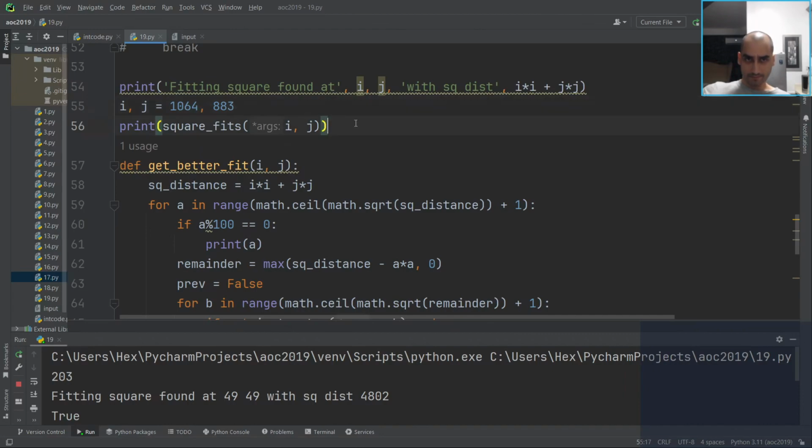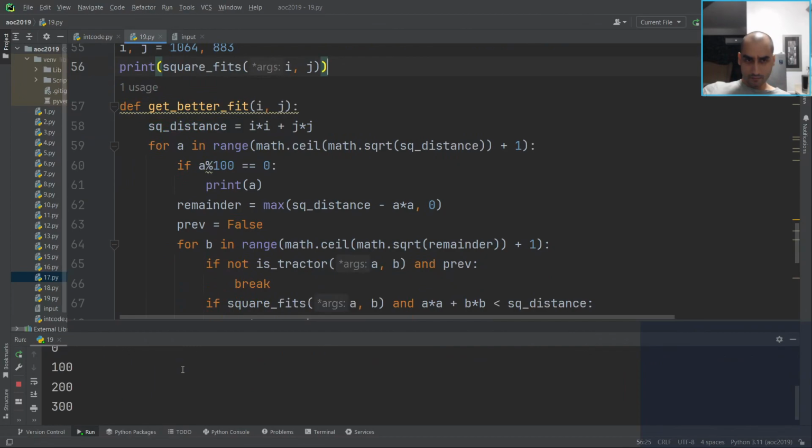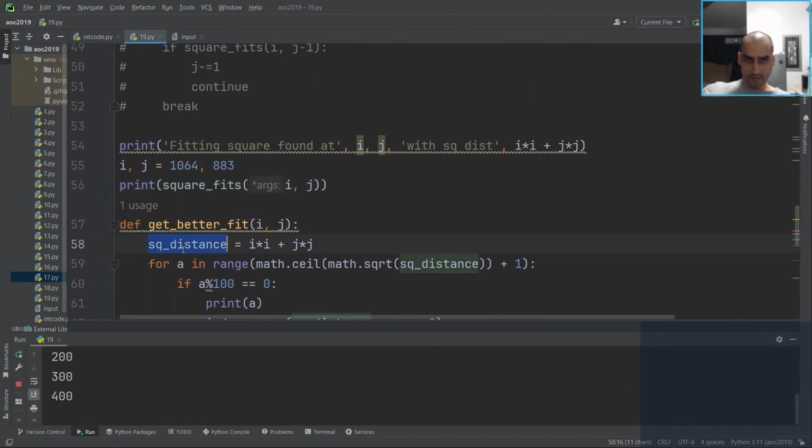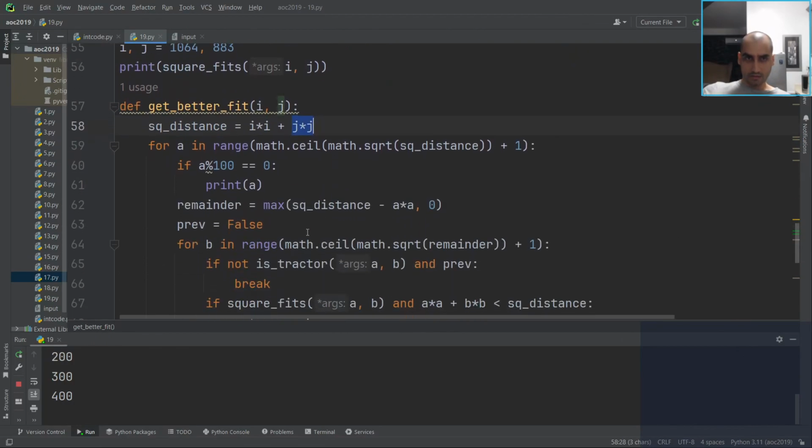So what's the problem then? So we're doing square distance equals i times i plus j times j. Okay.